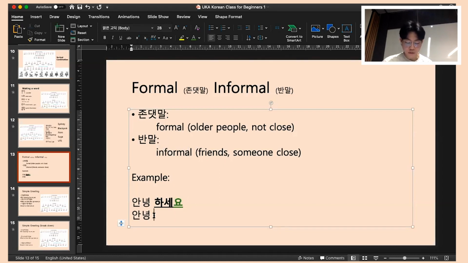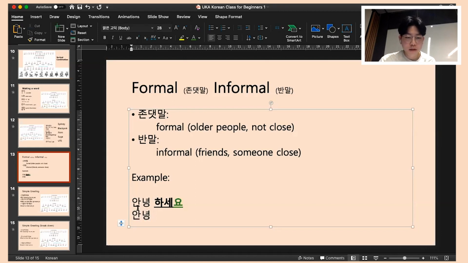So formal expressions are used to people who are older than you, or those who are not close, or who has just met you. And just because someone is younger than you doesn't mean you can say the informal expression, and that would be a little bit rude.